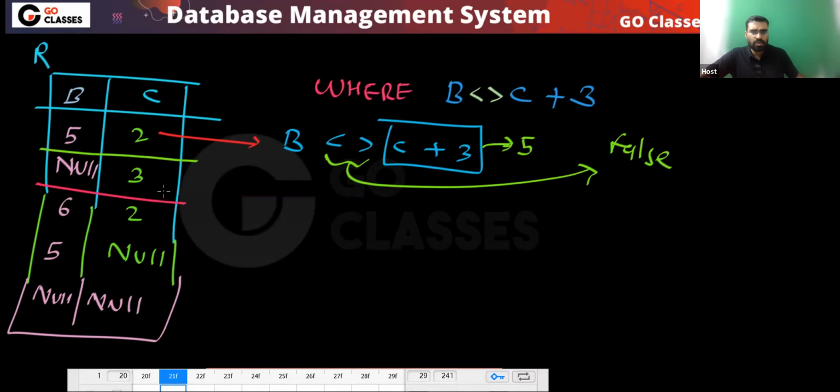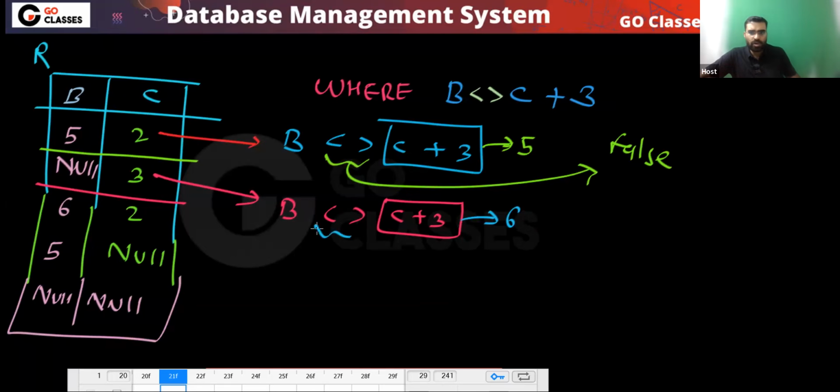Next, for this row, what is going to happen? Again, B not equal to C plus 3. So what is C plus 3 going to give me? This C plus 3 will give me 6. And this not equal to, null is not equal to 6, will give me unknown.